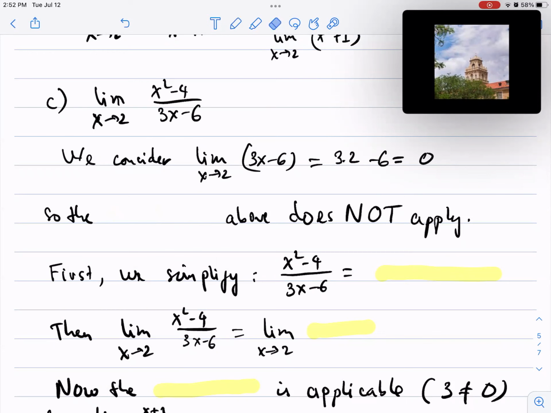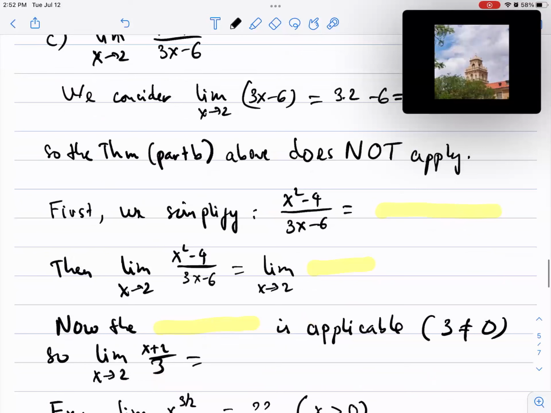So the theorem above, part B, does not apply. That's why we have to first do some algebraic manipulation to avoid dividing by 0.